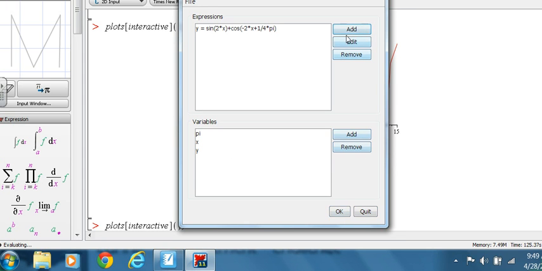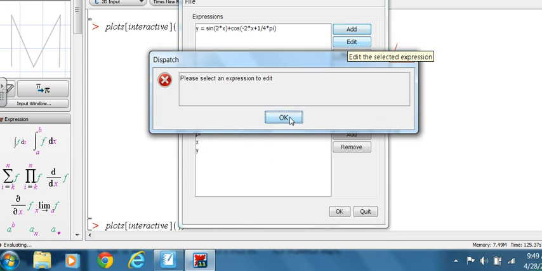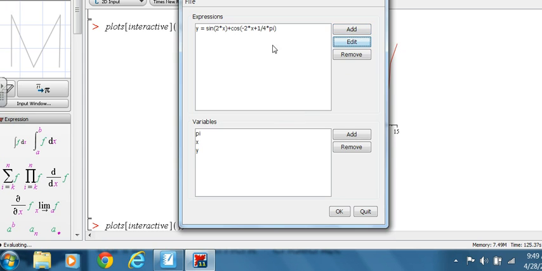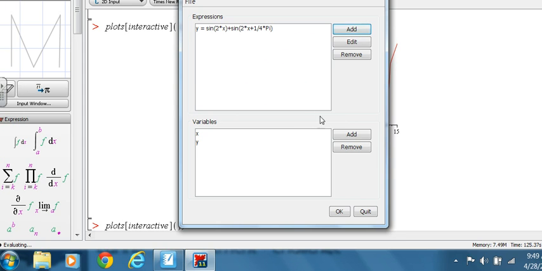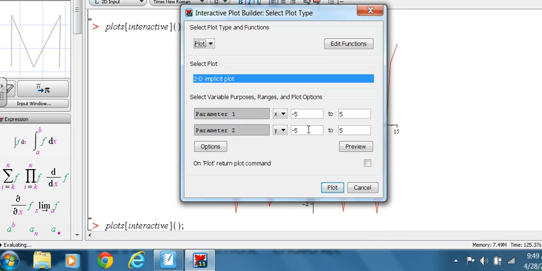No, that's not right. Edit. Because it's calling pi a variable, and pi shouldn't. There we go. Now pi is not a variable. Okay, that's better. Let's go out to. I wonder how far this is going to go.